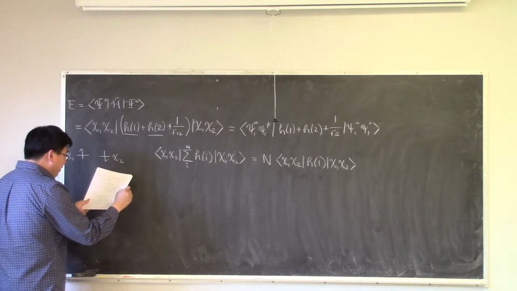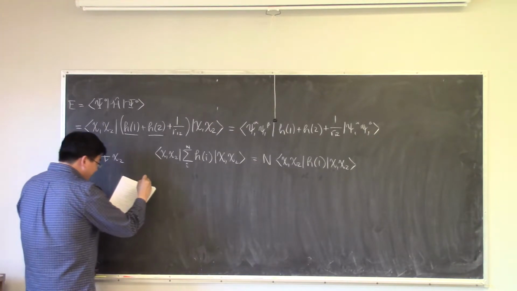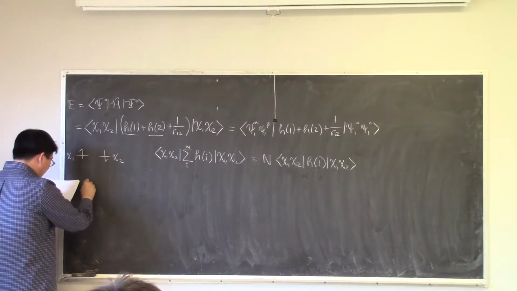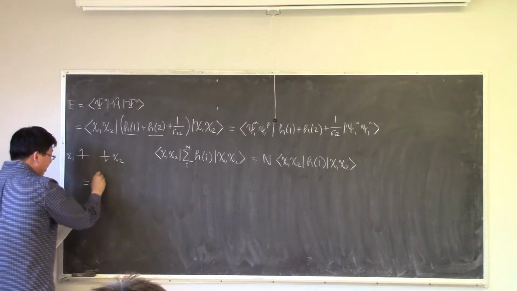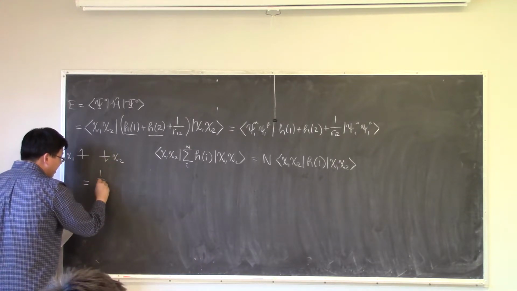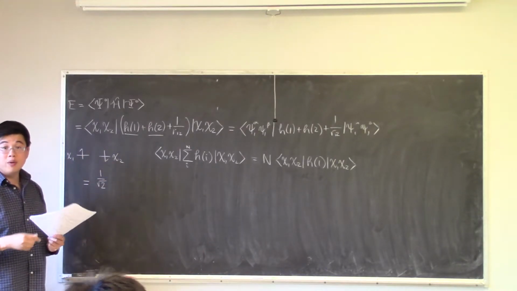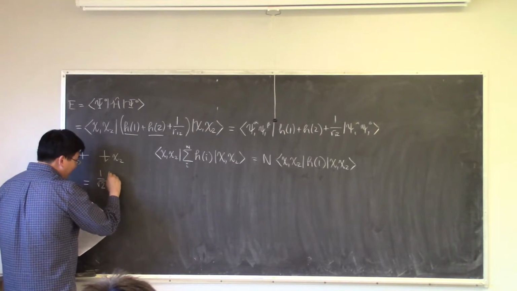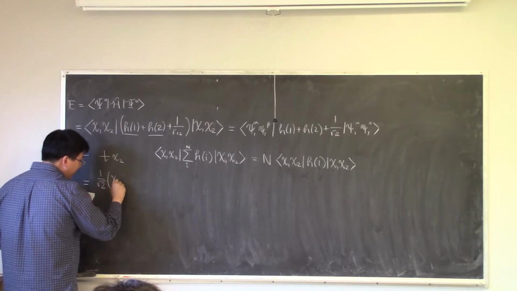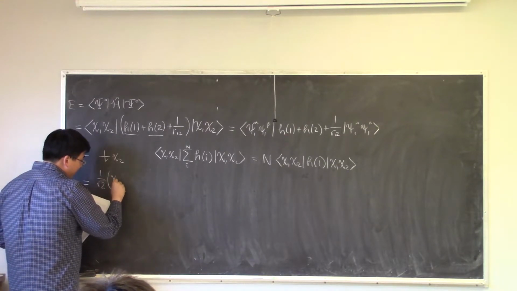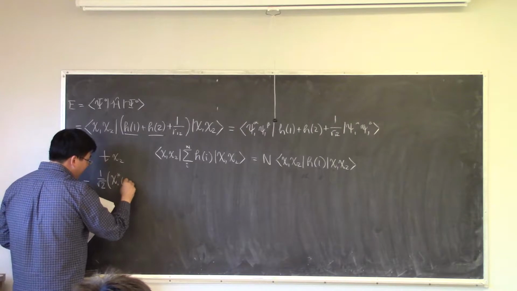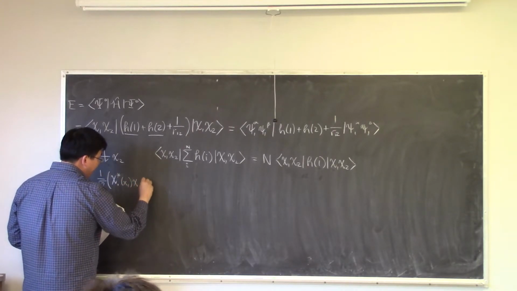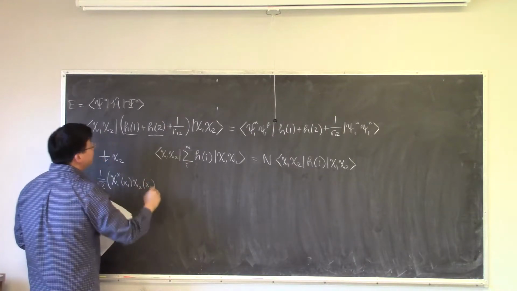So expanding out the Slater determinant, I'm first going to write out the left-hand side. The Slater determinant has 1 over square root of 2 for 2 electrons, and we have chi1 star of x1, chi2 star of x2.